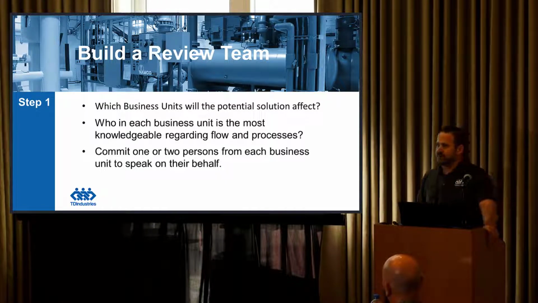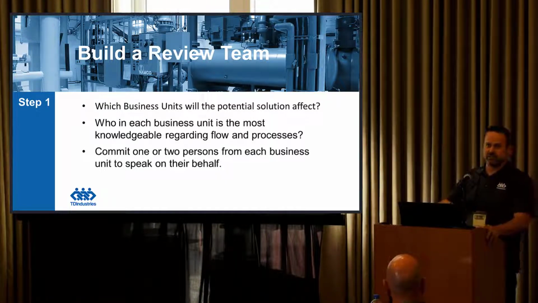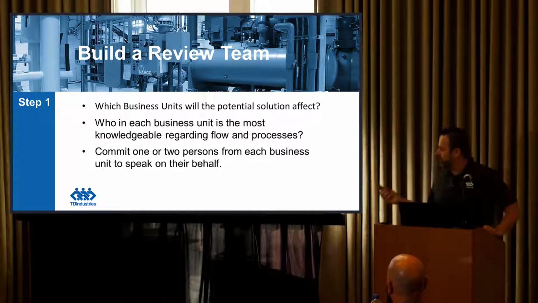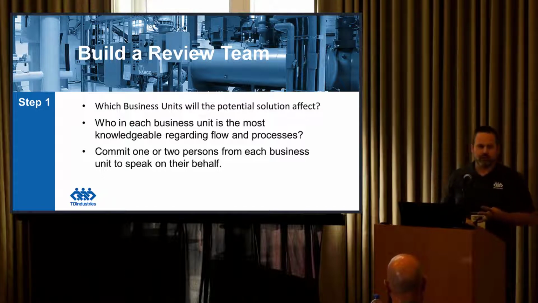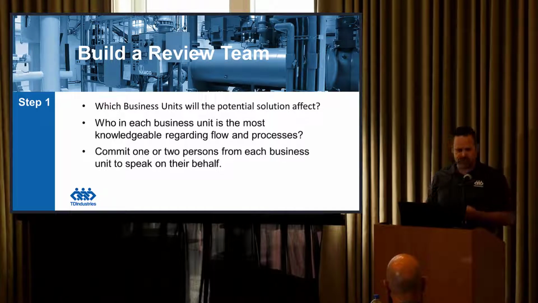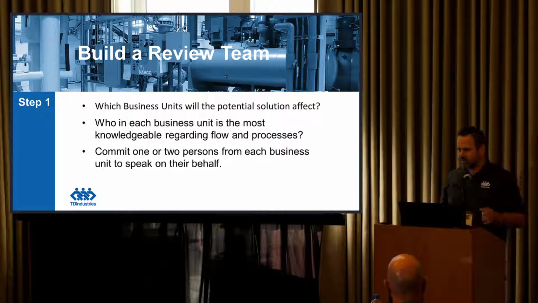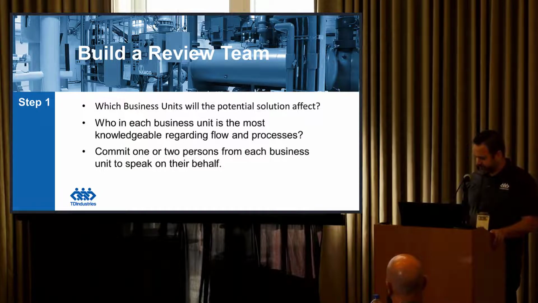So you want someone who has legacy knowledge, but who is not overly clouded by how it's always been done and struggles to imagine a new way of doing things. When we went through this, we had a couple partners from the shop, a couple from VDC, a couple from IT, and an engineering partner. So our review board ended up with probably 7 or 8 partners focused on reviewing the software.